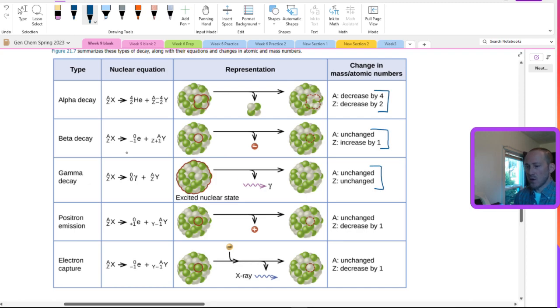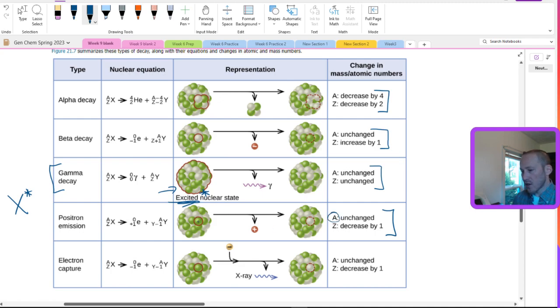This will be irrelevant to our purposes unless we have something denoted with an asterisk. That would mean that it was excited, and the excited nuclear state becomes non-excited. That's not going to be pertinent to any of these, I think. We can decrease the proton number by 1 when a proton becomes a neutron, but it doesn't change the total mass.